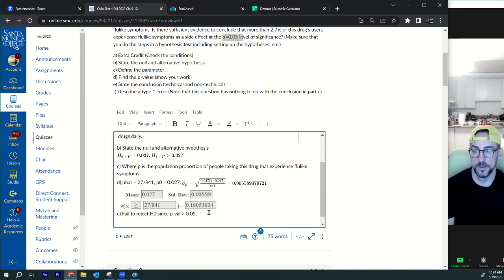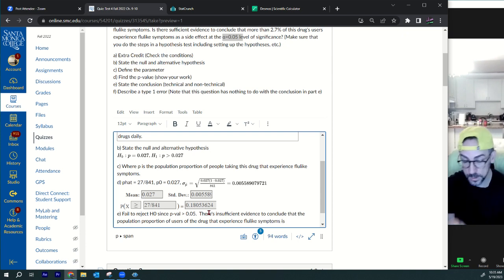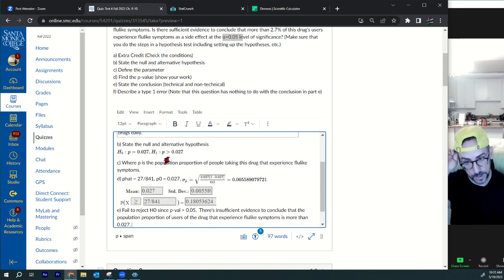Okay, and then the next part, there's insufficient evidence to conclude that the population proportion of users of the drug experience flu-like symptoms is more than, right? More than 0.027, because that's the alternative hypothesis, more than 0.027.